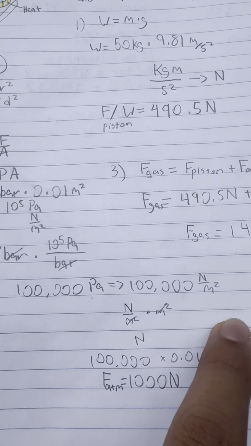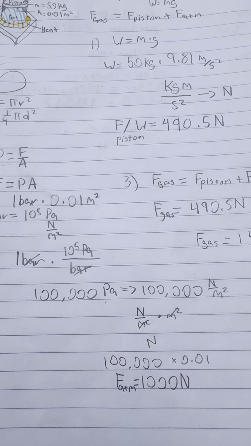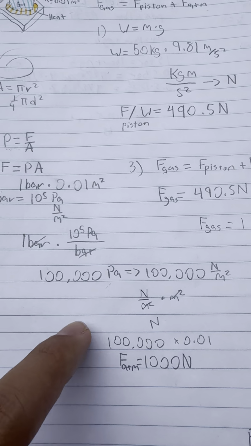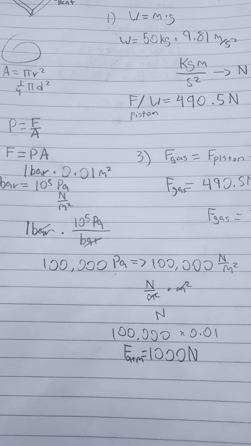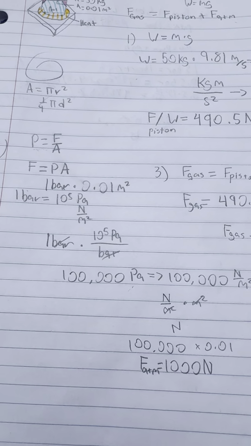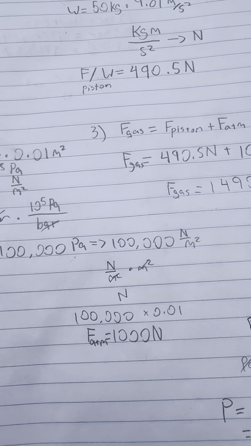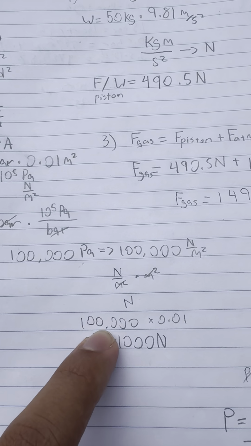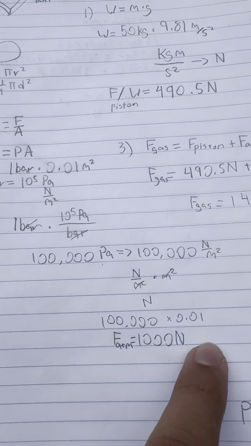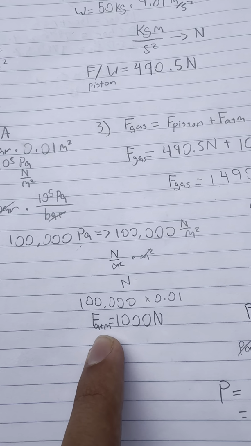With this 100,000 Newton per meter squared, we multiply the meter squared from the area, giving us just Newton, which is perfect since we are solving for the force of the atmospheric pressure. Which is right here. The values just multiplied, and here are the units for our final answer of the atmospheric force.